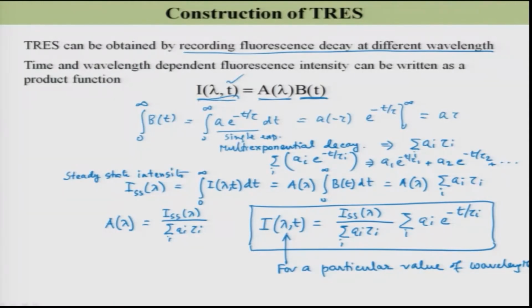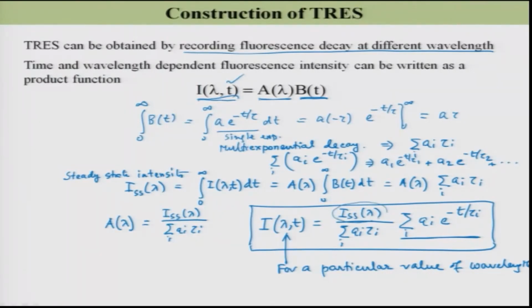If you have different wavelengths, then for a particular time you can plot the intensity at different lambda, that means different emission wavelength. That can be calculated from here. This is nothing but the lifetime of the molecule, and here is my steady state intensity, and here is again the lifetime component a_i and tau_i.